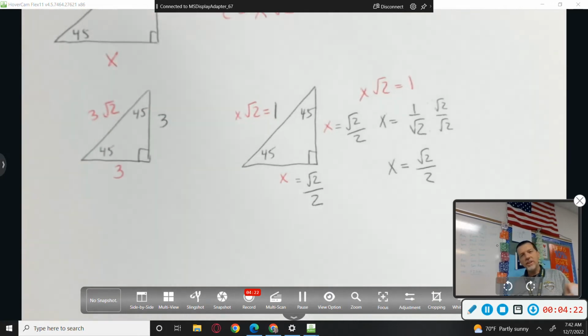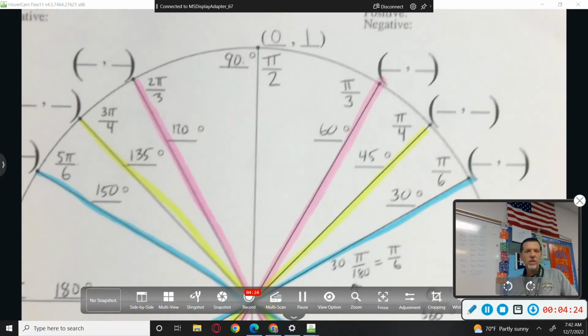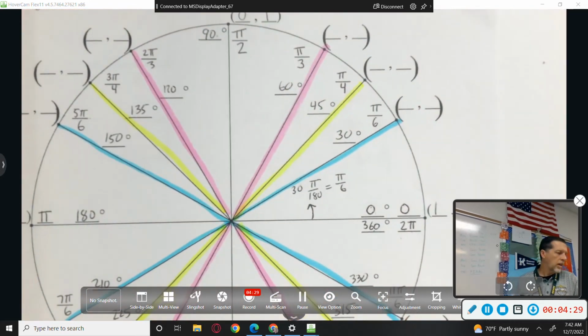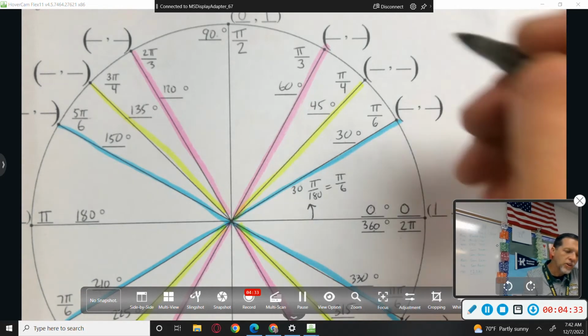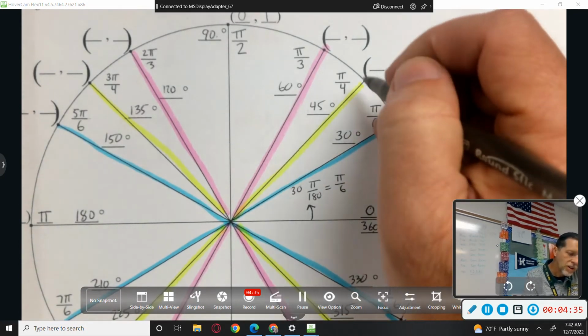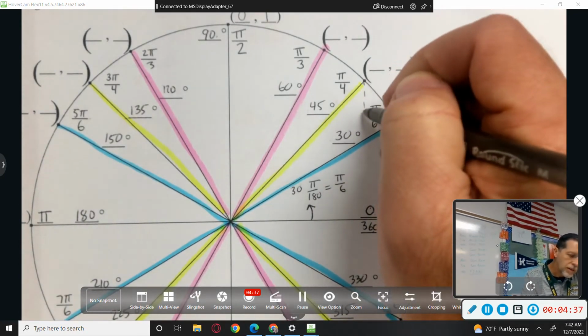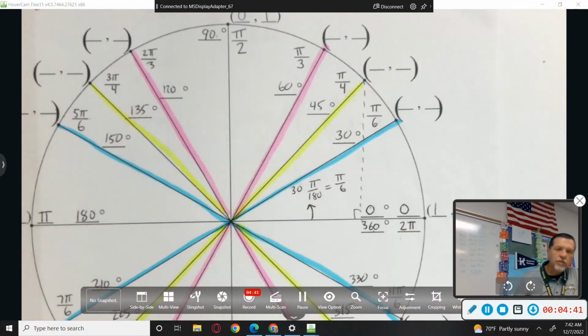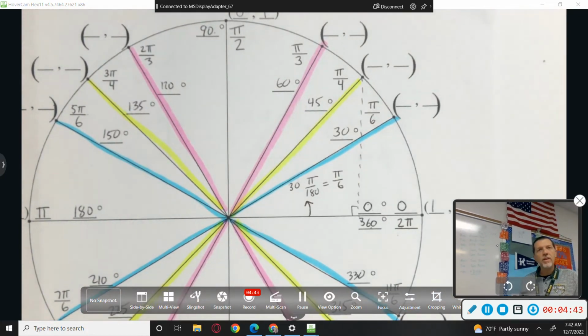Hold that thought in your brain and look at the unit circle, especially the first quadrant. We're not going to do this much because it would really crud up our unit circle, but I'm going to draw one of them. I'm going to draw the triangle from the pi over 4, from the 45.